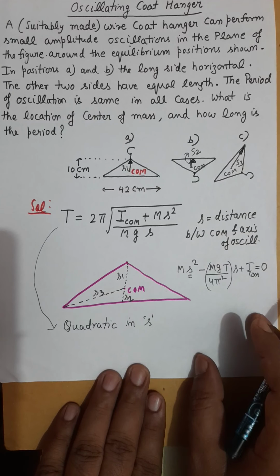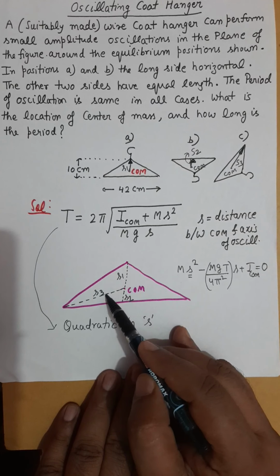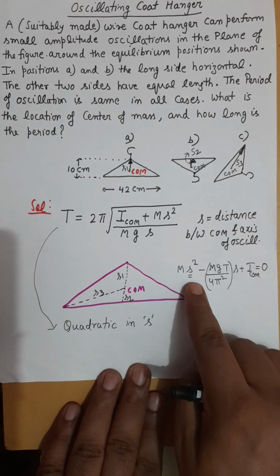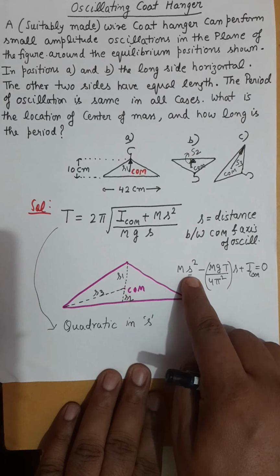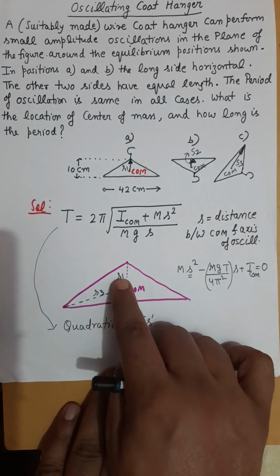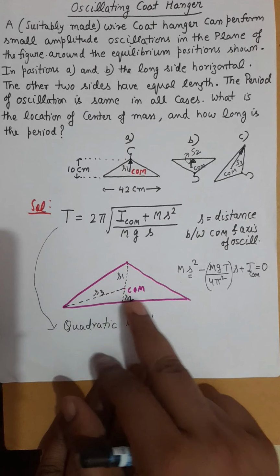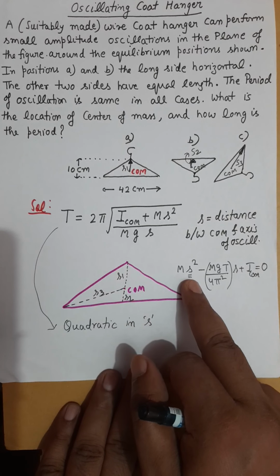So this is possible only if out of these three values two values are equal. There is no other way. The equation will give you only two values for s, but the problem says there are three values of s.